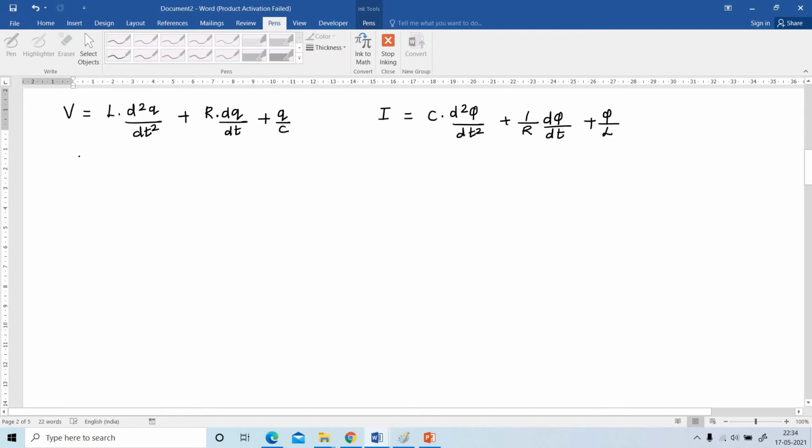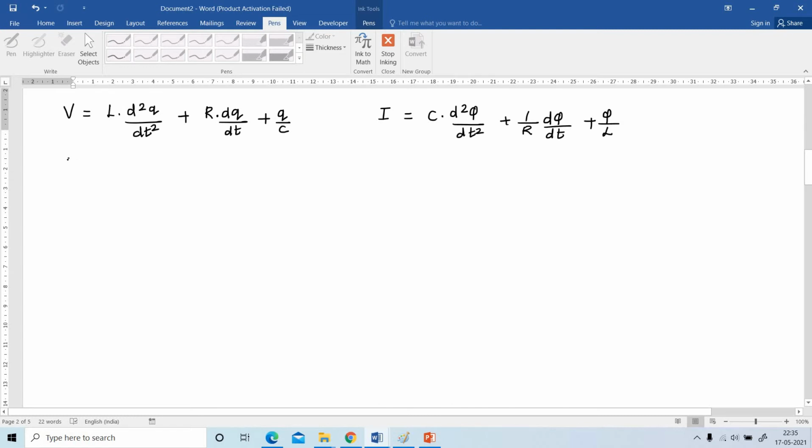Next, I am going to compare these equations with the force equation for the mechanical translational system. In the mechanical translational system, we have three different components: mass, dashpot and spring. The mechanical rotational system consists of moment of inertia, dashpot and torsional spring.